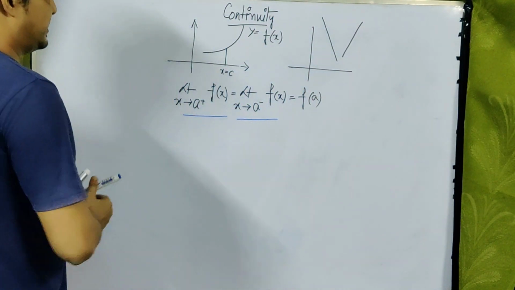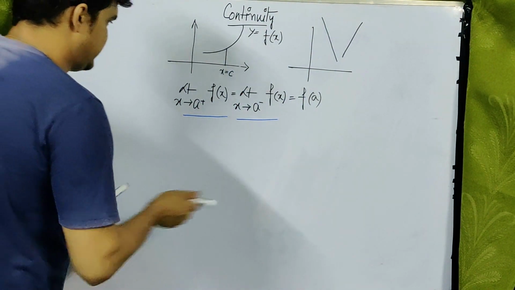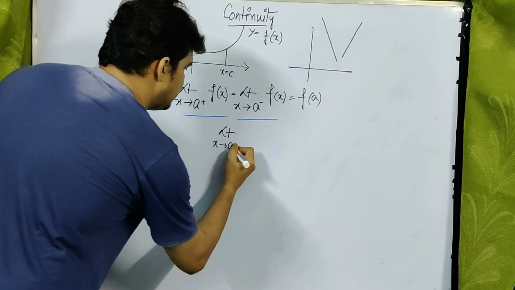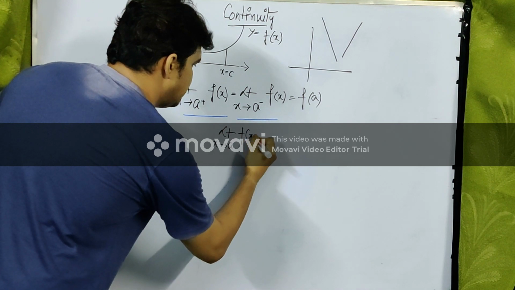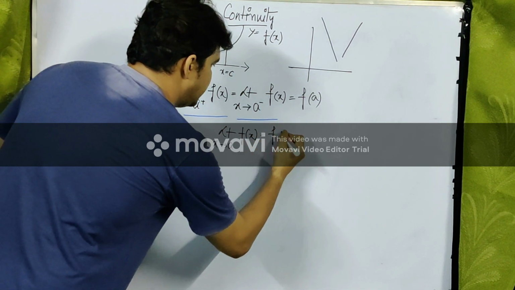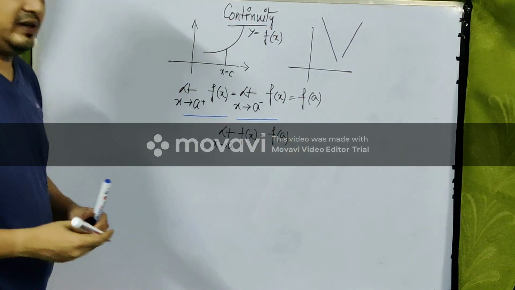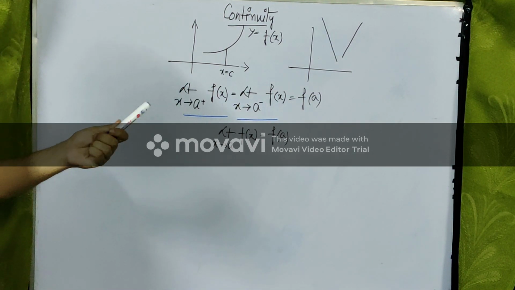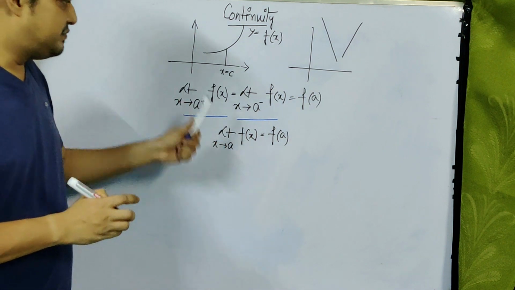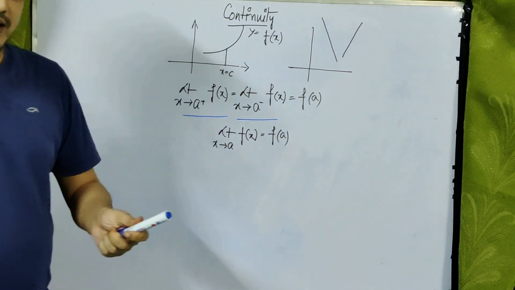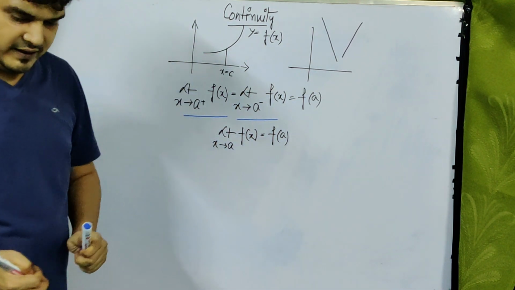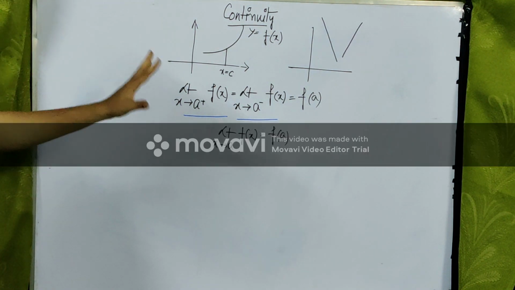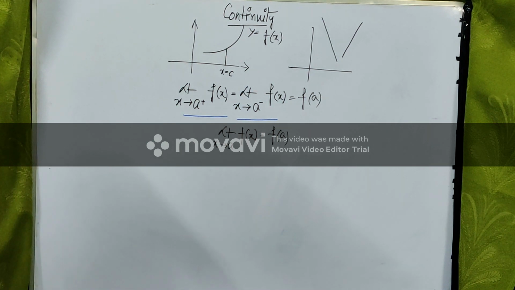So from these two we can say limit x tending to a f(x), the limit value, if that is equal to f(a), the value of the function at the point x equals a, if these two are equal, we can say this function y equals f(x) is continuous at the point x equals a. So this is the main theory behind it.